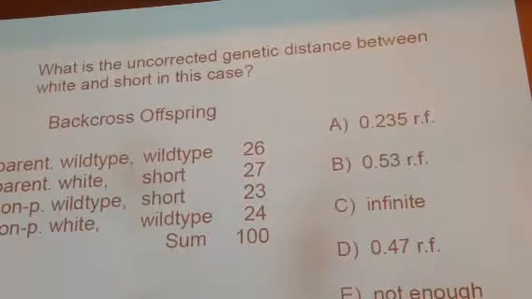Okay. Let's back up to a simple question here. What is the uncorrected genetic distance? I'm talking about the recombinant fraction between white and short, these outcomes. So we did a test cross.